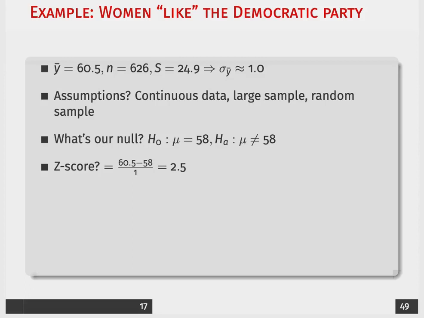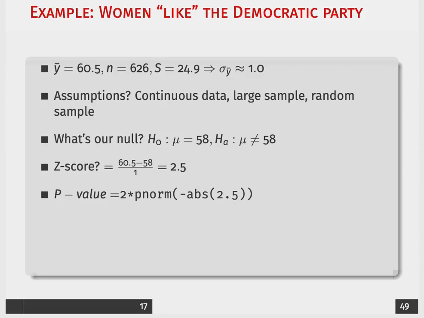And all of that's going to be over the standard error, and our test statistic equals 2.5. That's probably not going to mean too much to you intuitively because you don't have a Z table up and you probably don't know the calculation of the distribution off the top of your head.